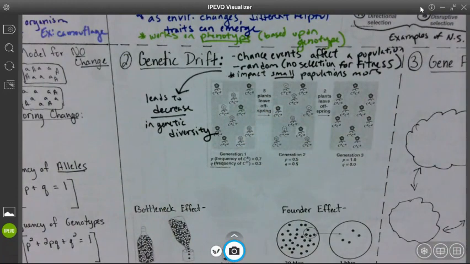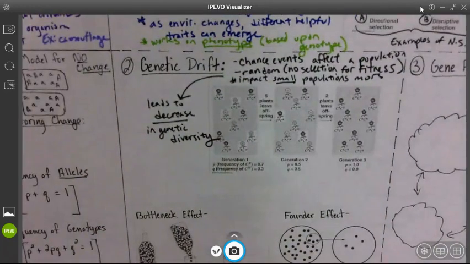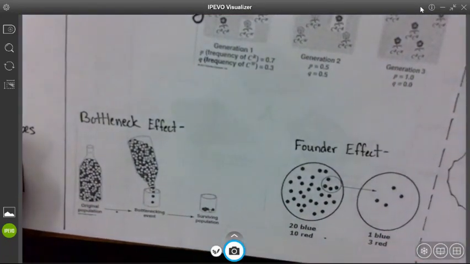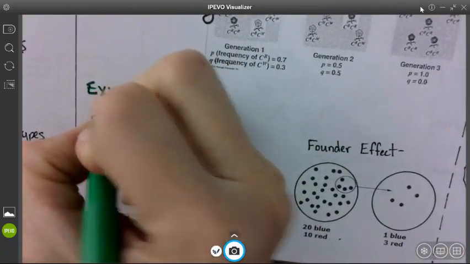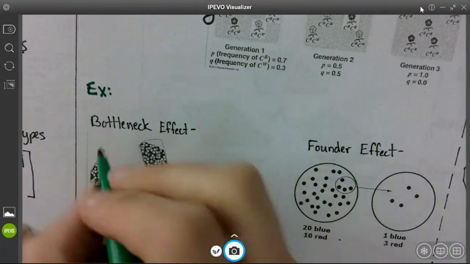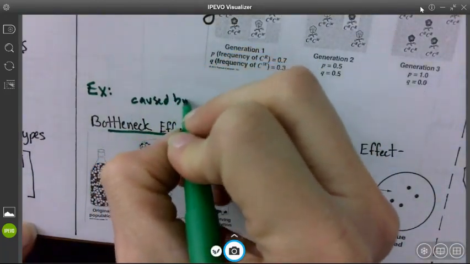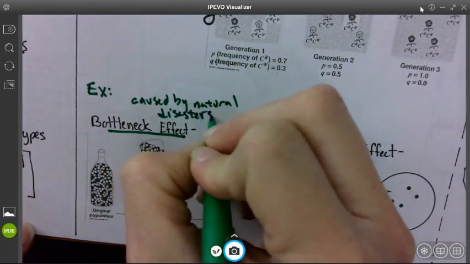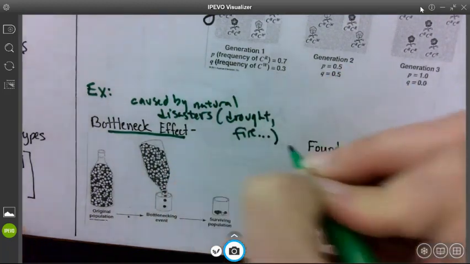Okay, so let's start with our example of bottleneck effect. Bottleneck effect is often caused by some sort of natural disaster, drought, fire, something like that. So this is our first example of a type of genetic drift called the bottleneck effect, caused by natural disasters often. Okay.